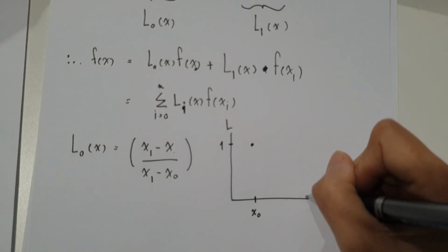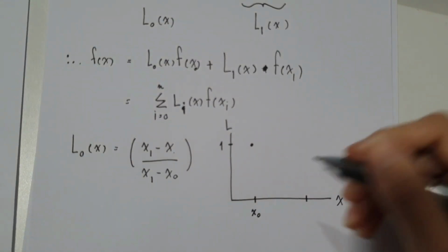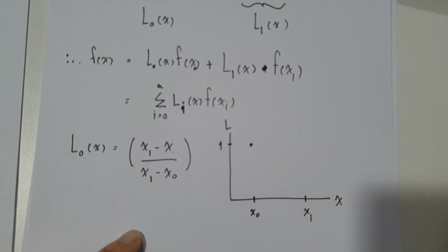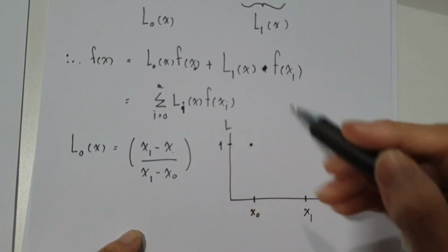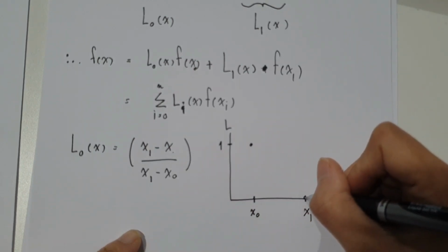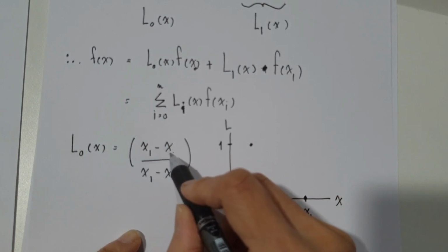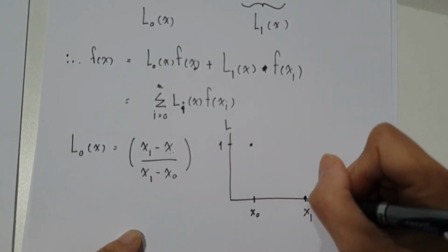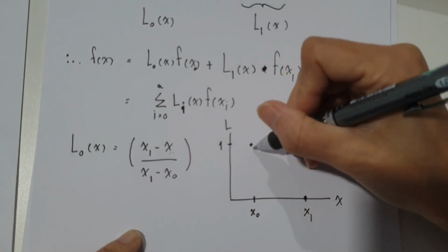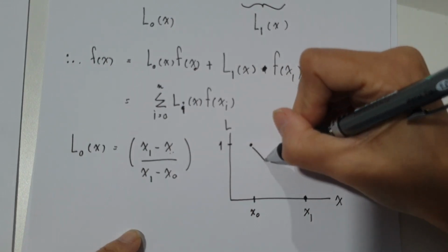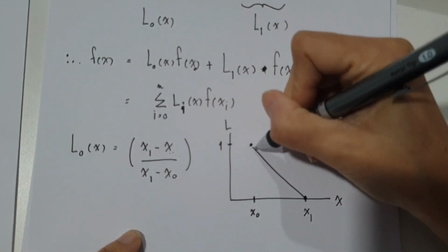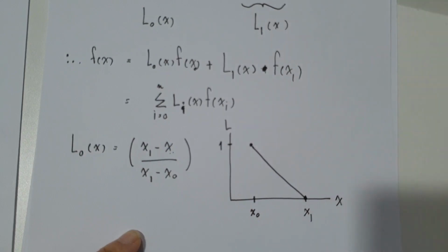And if it is at x1, x1 minus x1 would equal 0. So the L0 function would be represented by this line.